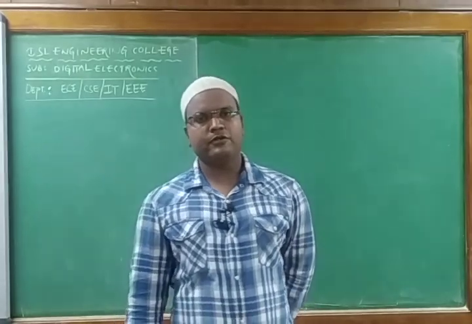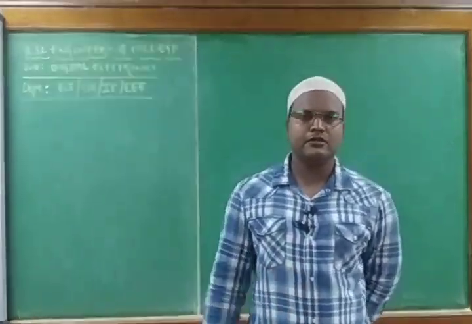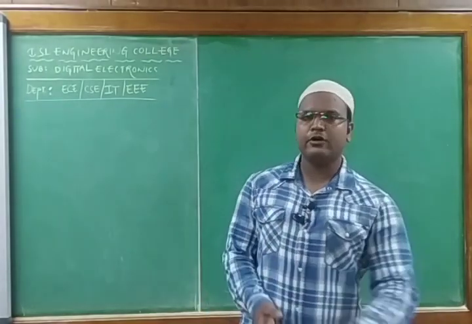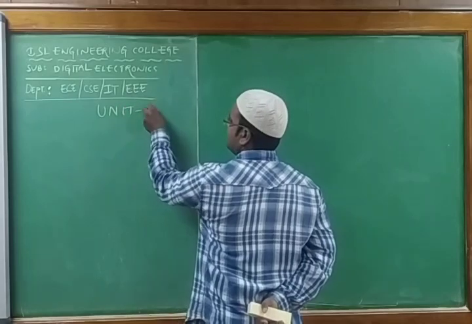Now let us move to today's class. In today's class we are proceeding with the concepts of your unit 2. So in unit 2 what are we going to discuss? First we'll take an overview of what we have in unit 2.